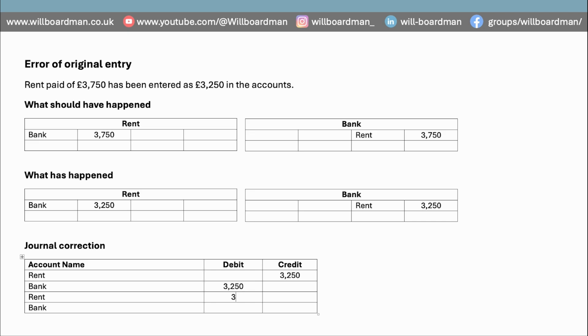So that would be to debit the rental account for 3,750 and credit the bank for 3,750. By doing that, we've removed the incorrect entry and we've entered it in as it should have been in the first place. So we can see that the journal entry now matches up with what should have happened.